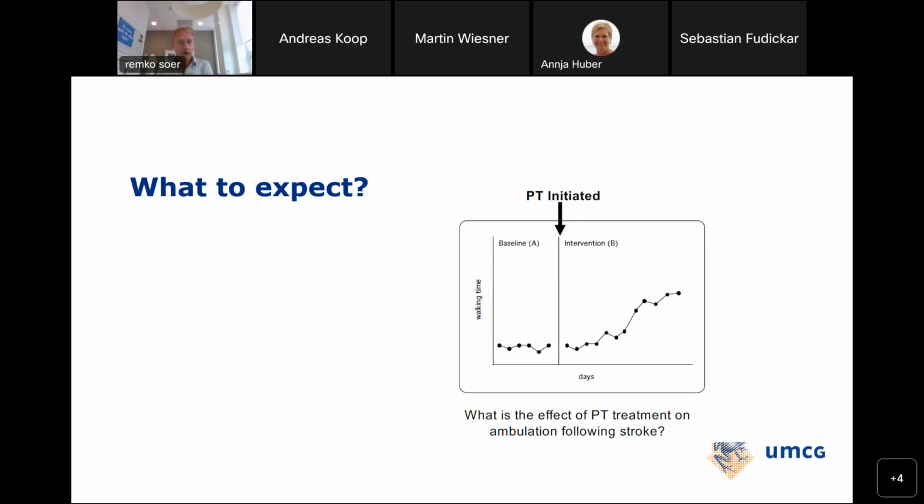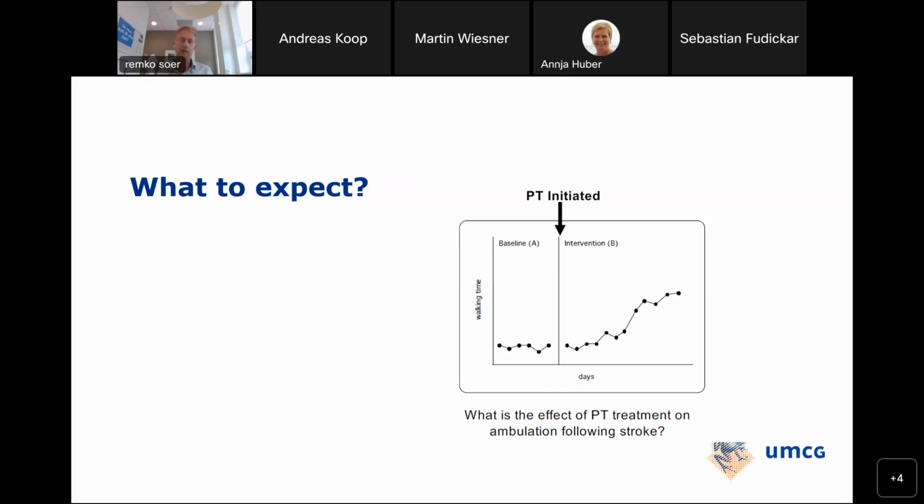So indeed, it could be the physiotherapy that was effective, yes or no, but it could also be because after 6 days, the patient starts to heal by itself. So it doesn't say anything about natural healing or whether it's the physiotherapy, yes or no.